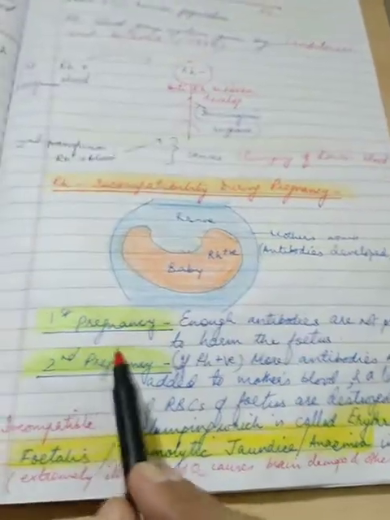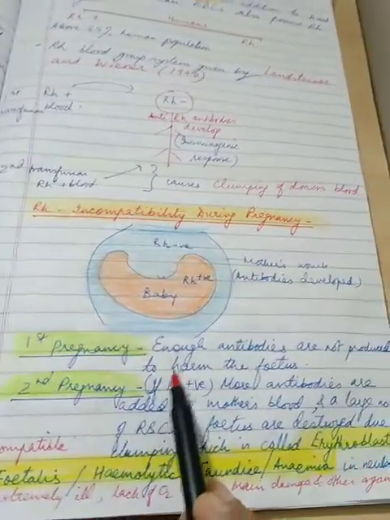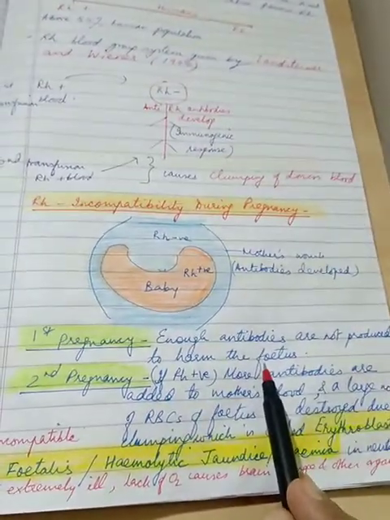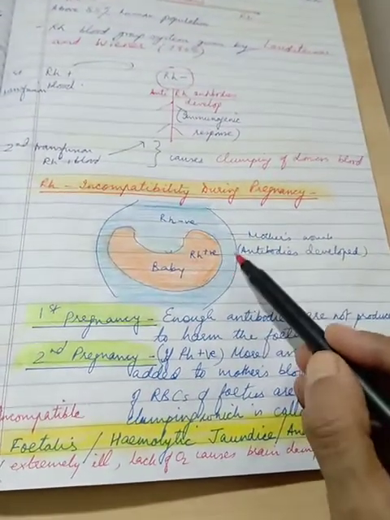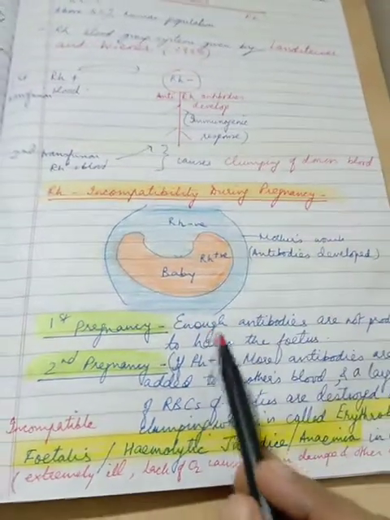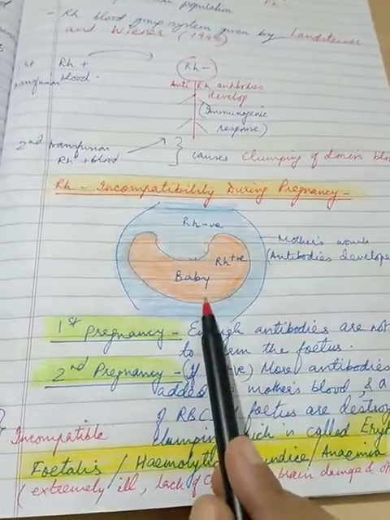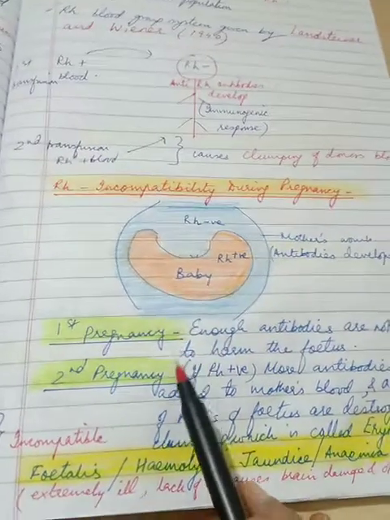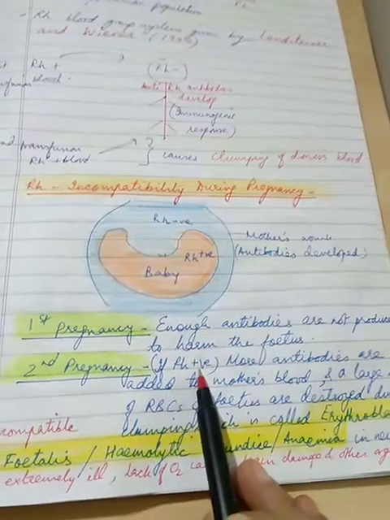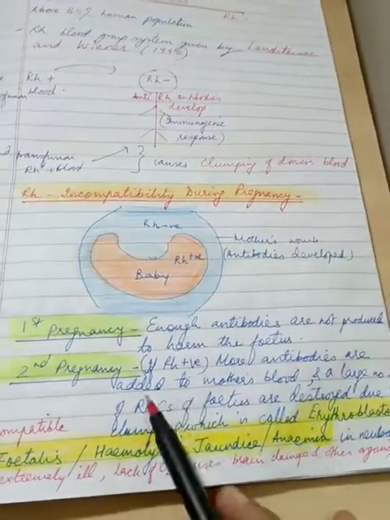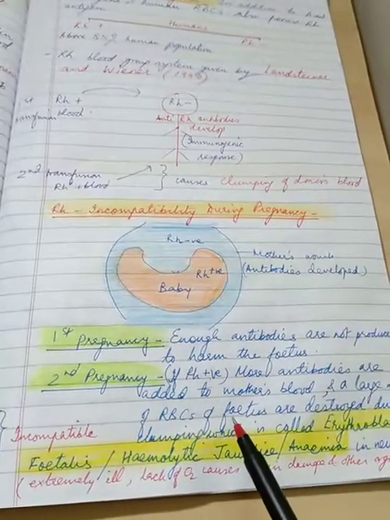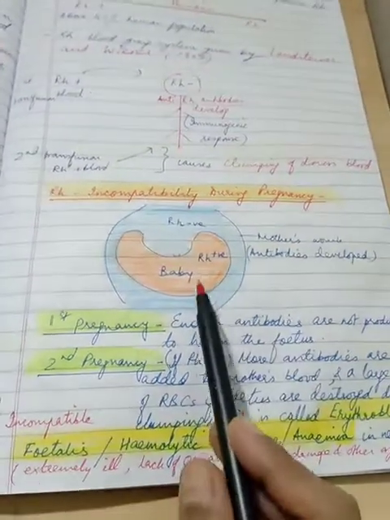Then what happens? In the first pregnancy, enough antibodies are not produced to harm the fetus. That is, in the first pregnancy, yes, antibodies would be made in the mother's blood, but they will be really insufficient to harm the fetus. But in case of a second pregnancy, if it is again Rh positive, then more antibodies are added to the mother's blood and a large number of RBCs of the fetus are destroyed.